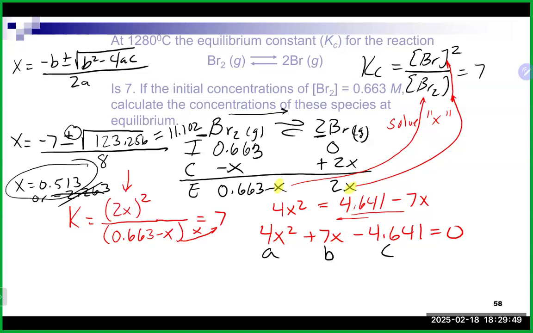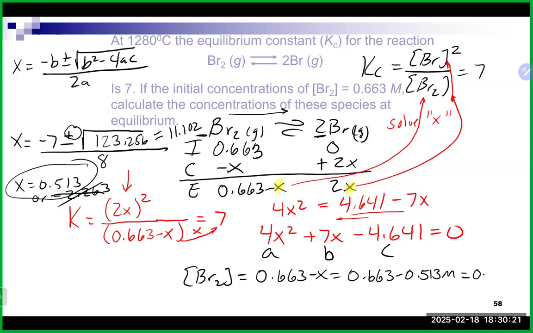And now we're ready to actually solve for our concentrations. So the concentration of Br2 at equilibrium, 0.663 minus x, which is 0.663 minus 0.513. And that is going to get us 0.15.